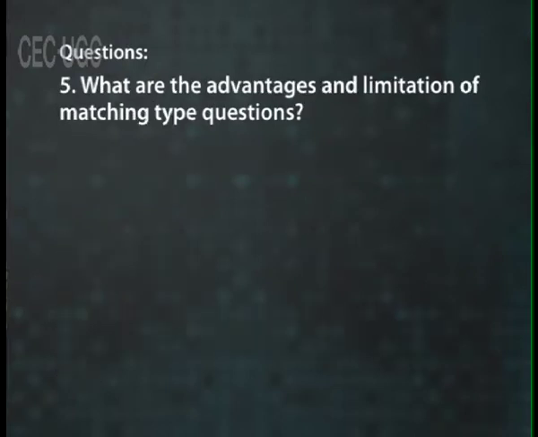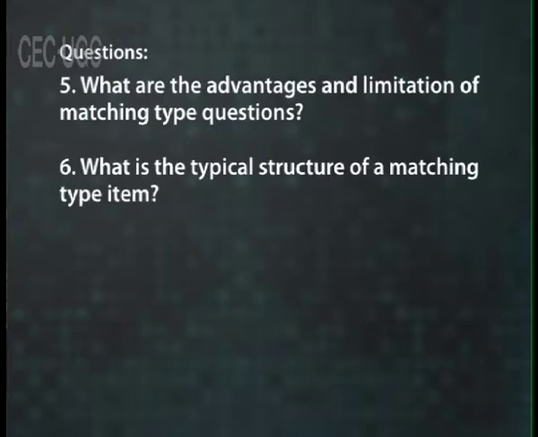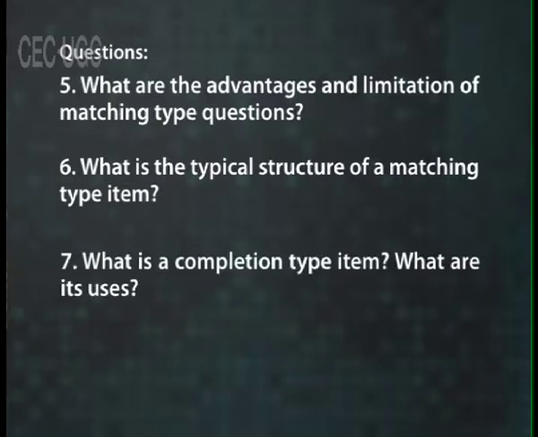What are the advantages and limitation of matching type questions? 6. What is the typical structure of a matching type item? 7. What is a completion type item? What are its uses? Now, you may go through the reference books for further reading.